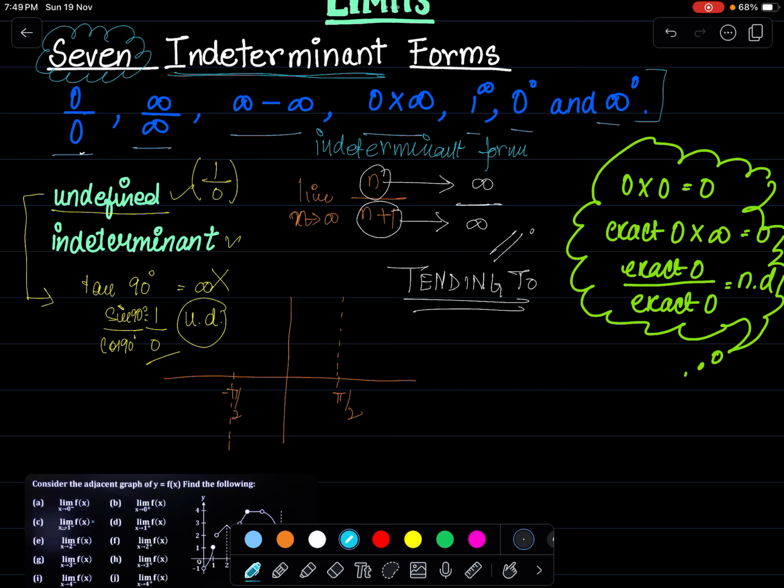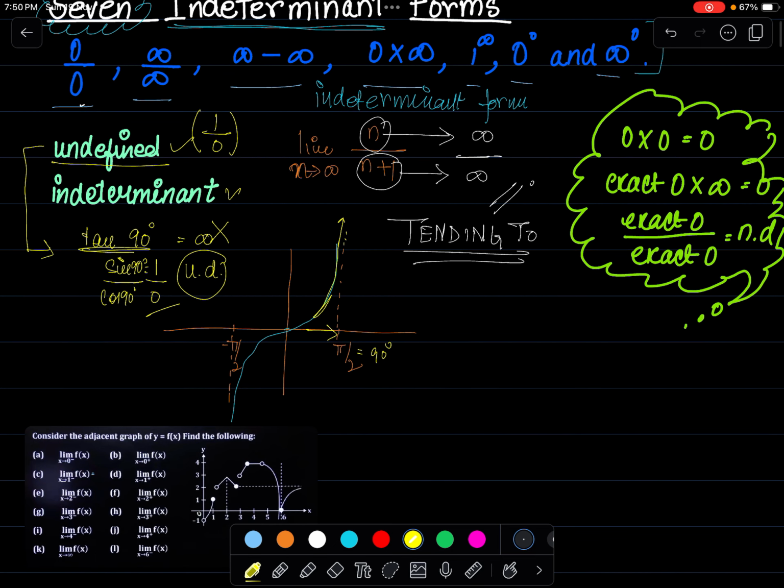of tan, it is something like this. See? So when I say tan, when my x is tending towards pi by 2, which is 90 degrees, where is the function going? It is going towards infinity. But here I am asking you the exact value at pi by 2.